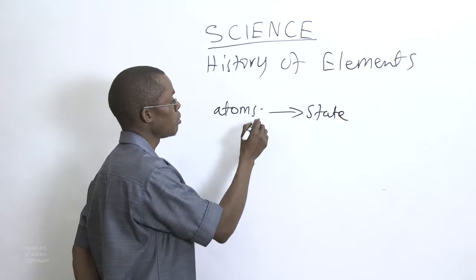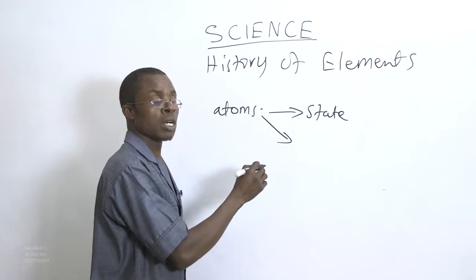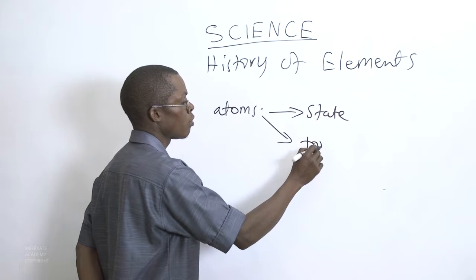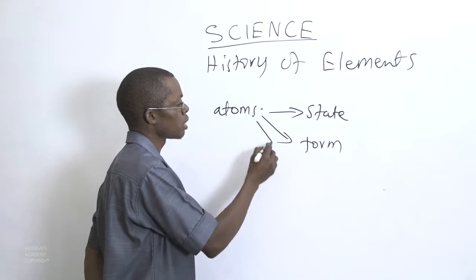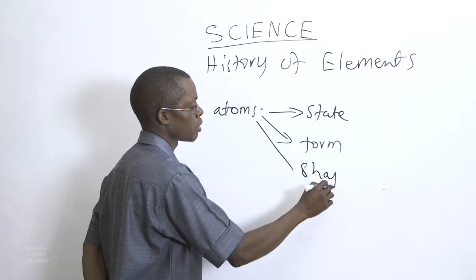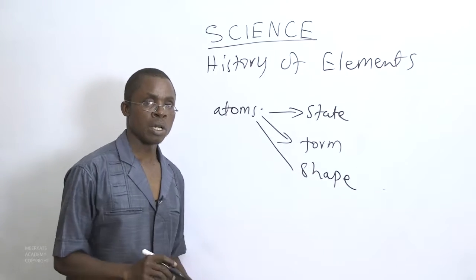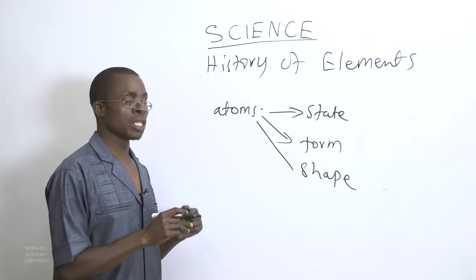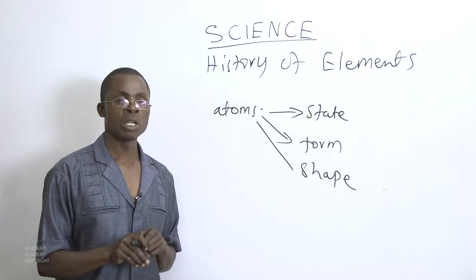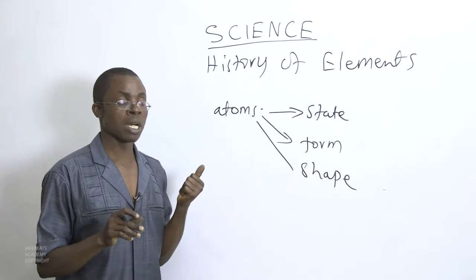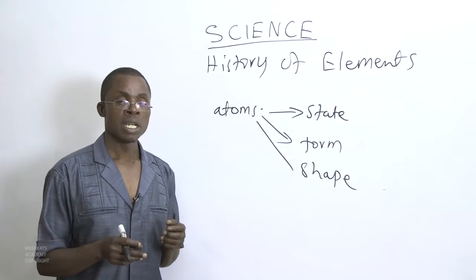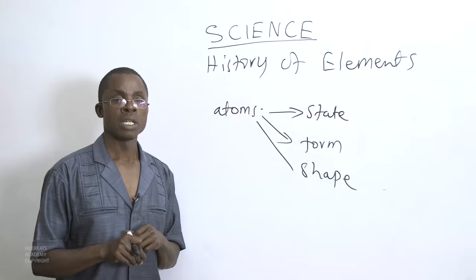You can change them from one form to another, so you can talk of the form, and maybe things like shape, and so on. But essentially, according to John Dalton, atoms, which are the smallest particle of matter, cannot be created, neither can they be destroyed.